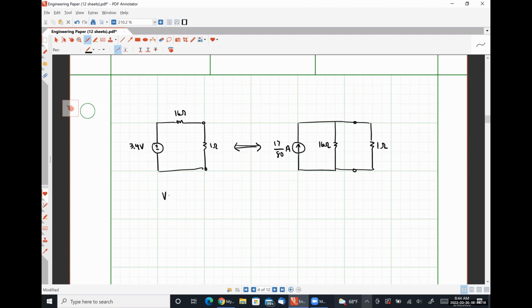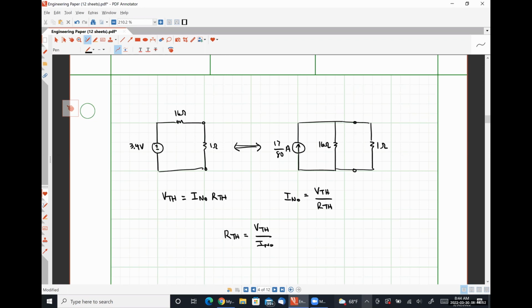So we should be able to see that V Thevenin is simply I Norton times R Thevenin, or alternatively, we could see that I Norton is V Thevenin over R Thevenin, or we could see that R Thevenin is simply V Thevenin over I Norton.